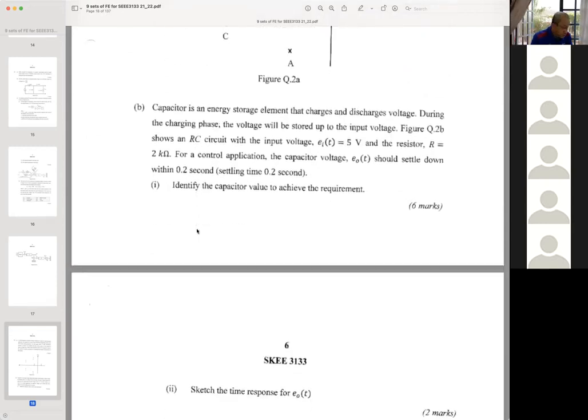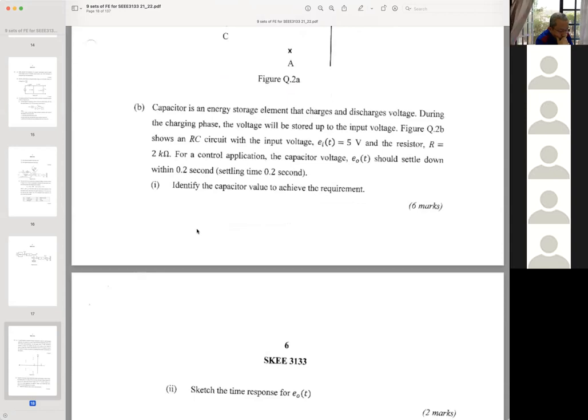B. A capacitor is an energy storage element that charges and discharges voltage. During the charging phase, the voltage will be stored up to the input voltage. Figure Q.2b shows an RC circuit with the input voltage E_in(t) equal to 5 volt and the resistor R equal to 2 kilo ohms.